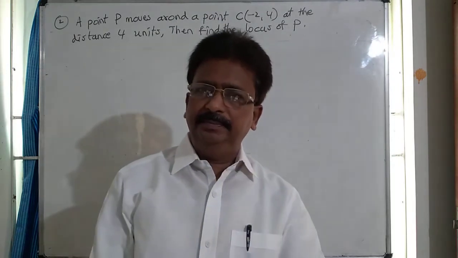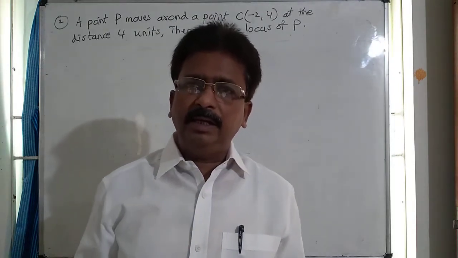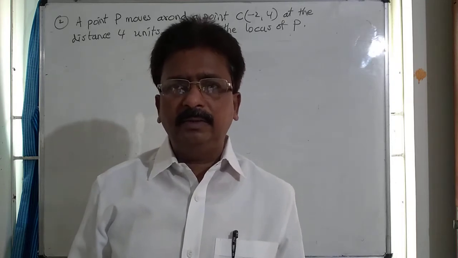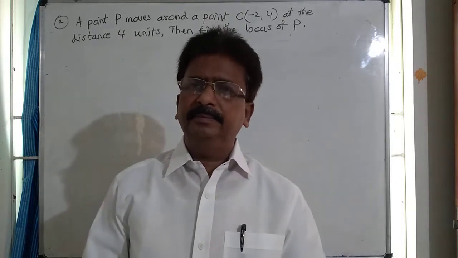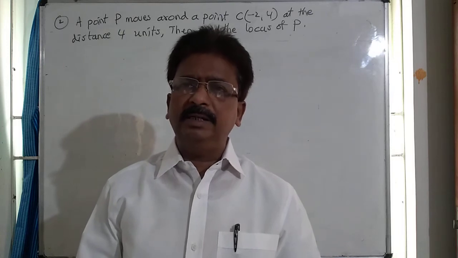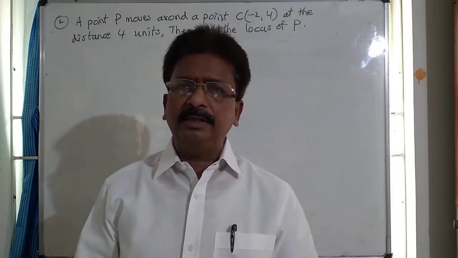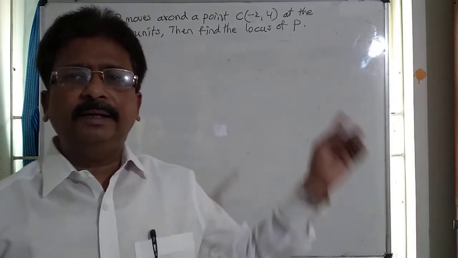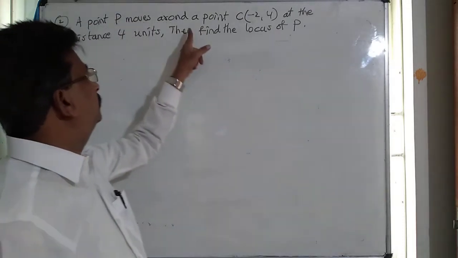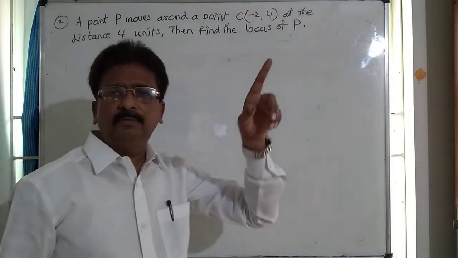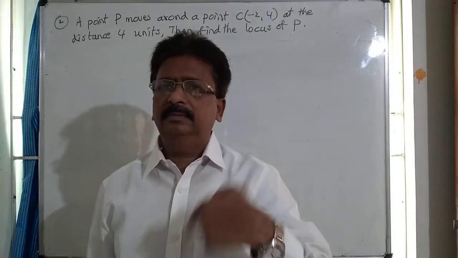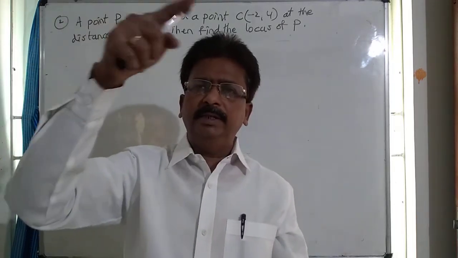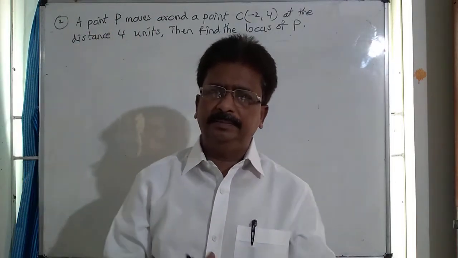The mathematical form means PA is to PB is equal to 2 is to 3, or PA is equal to 4 units, etc. Such a type of condition is not given here. The condition is given in literal form: the point P is moving around a point at the same distance of 4 units.